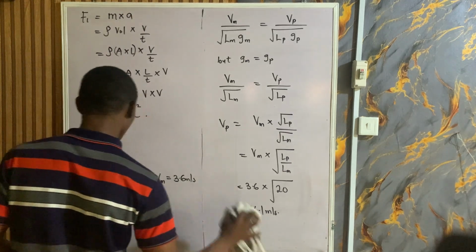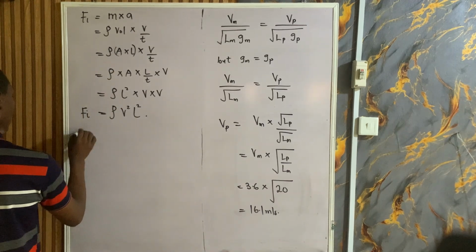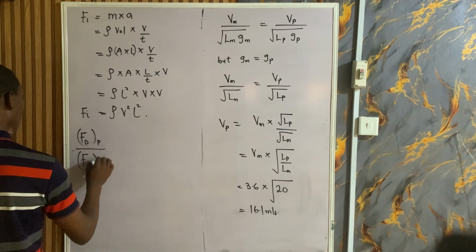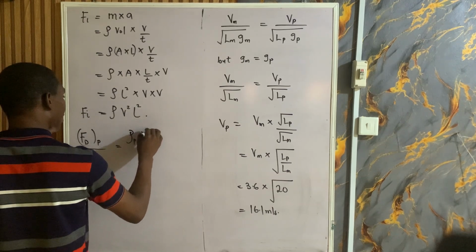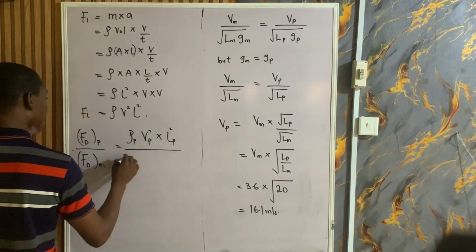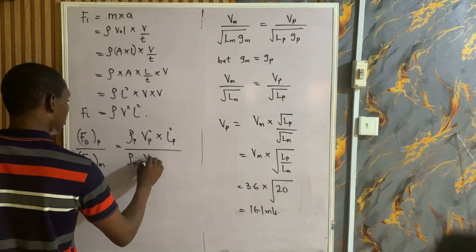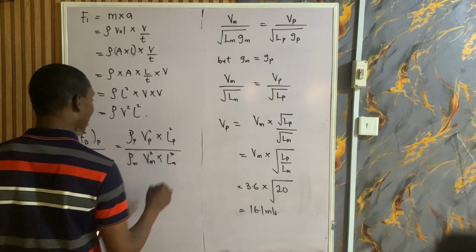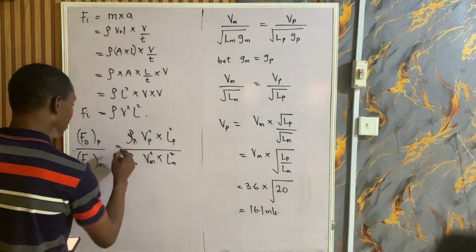So I'm simply going to say now that the drag force for the prototype over drag force for the model is equal to density of prototype times velocity squared for prototype times length of prototype squared, all over density for model times velocity for model squared times length of model squared. Since water is used for both prototype and model, the densities cancel out.